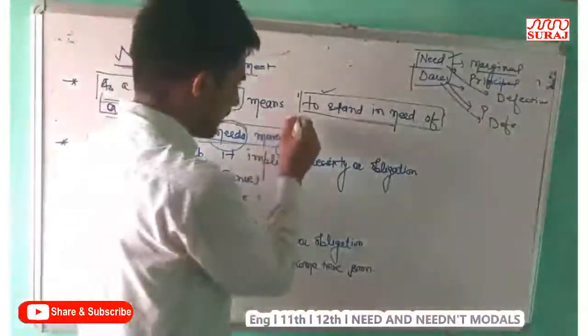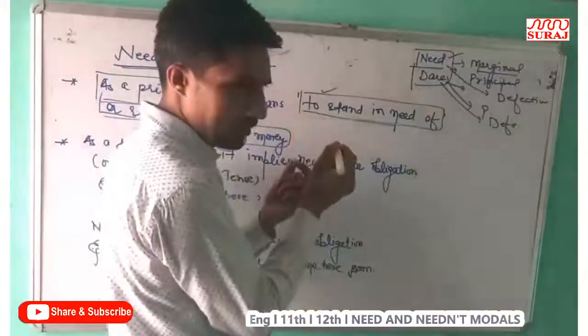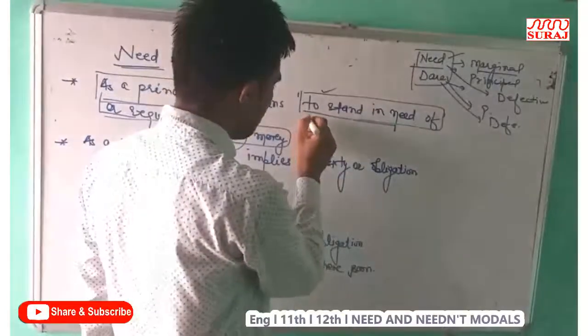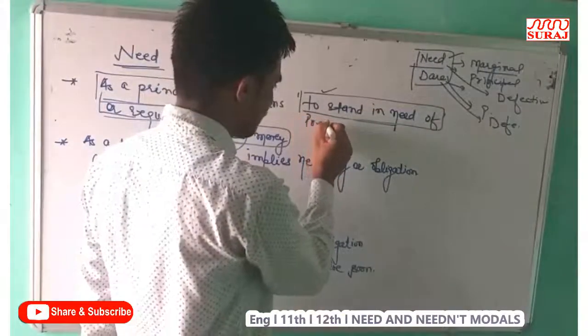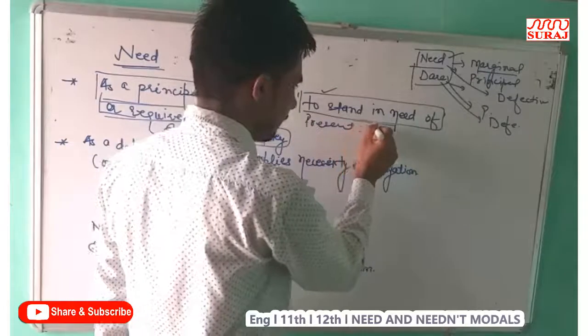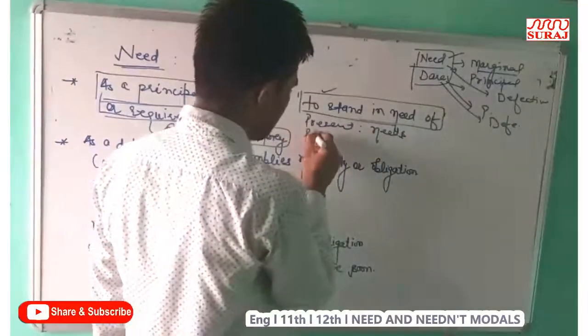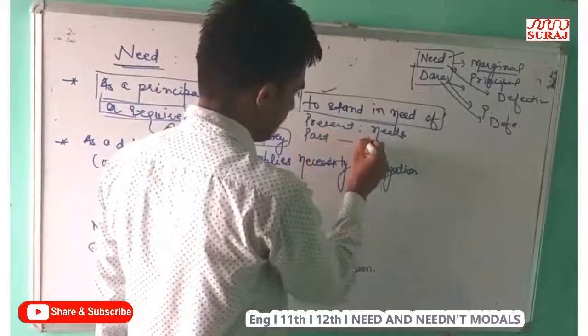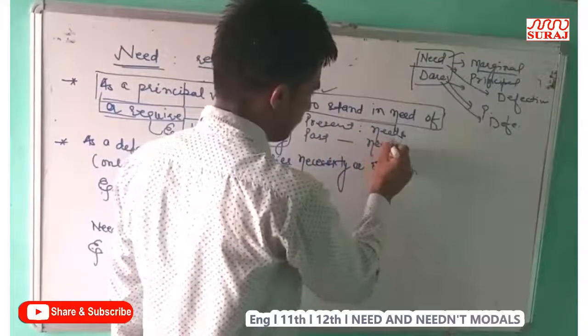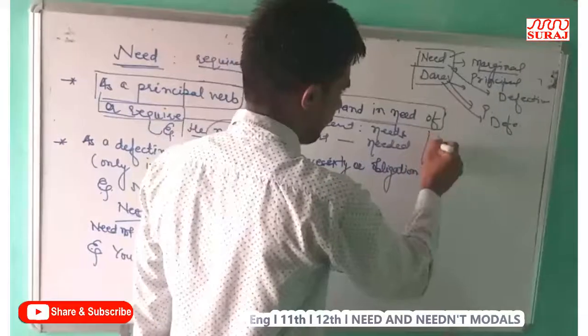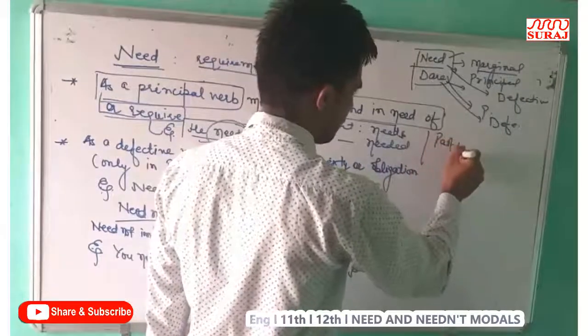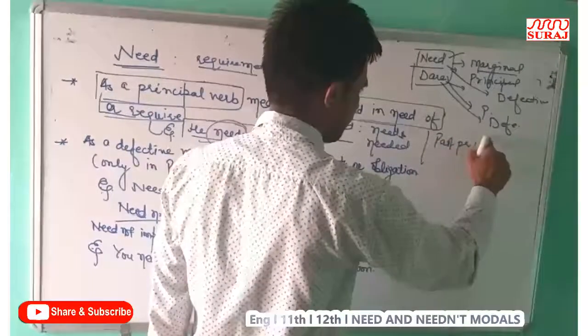And second, as a principal verb, it is used in the present tense. For example, need, he needs; past tense, needed; and past perfect, needed.